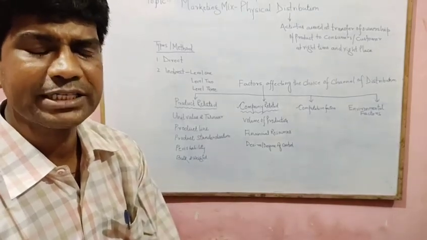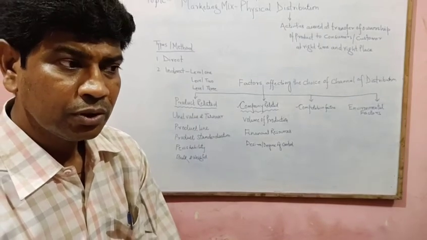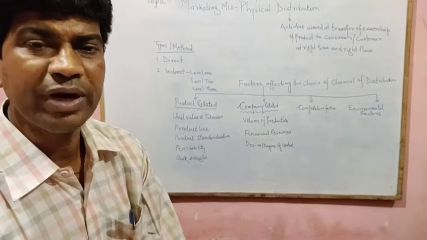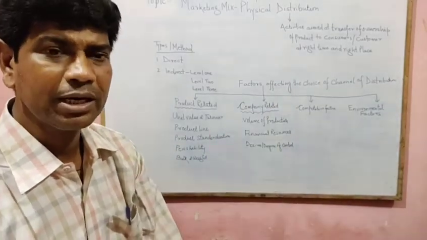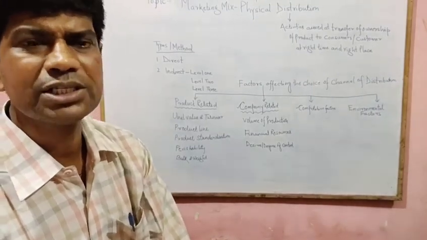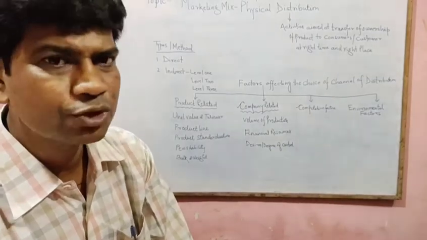The company markets and sells its product directly. We have to take into account the conditions when such direct channels can be preferred. Similarly, we have to consider the circumstances when we can go for an indirect channel.